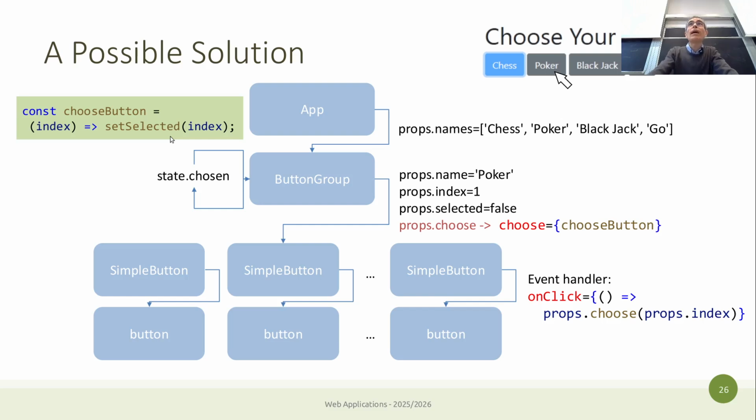Now we understand a very important thing, and we encounter for the first time this very important case in which we can pass references to functions as props. This is done a lot of times in React applications, because there will be many times where you have a state in a component and you want to update the state from another component.